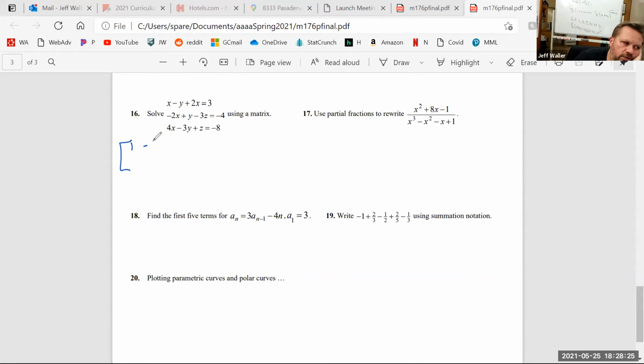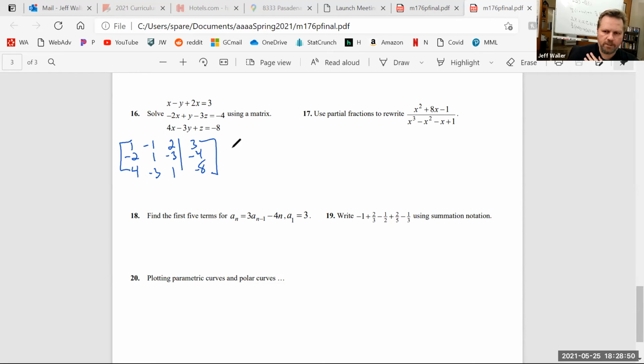Yeah, just collect all the coefficients. It's sort of like synthetic division: get the variables out of the way. What matters are the numbers. 1, -1, 2, 3. -2, 1, -3, -4. 4, -3, 1, -8. All right.